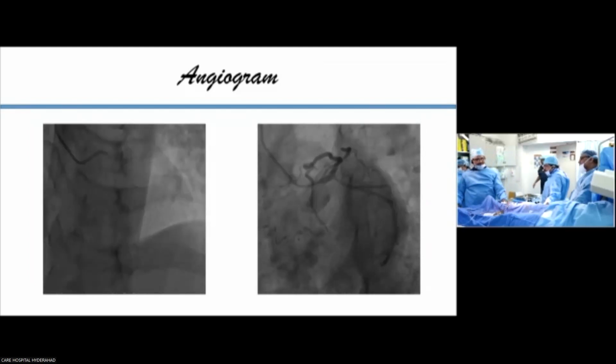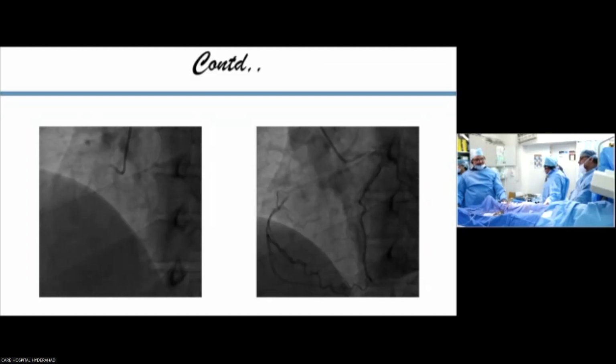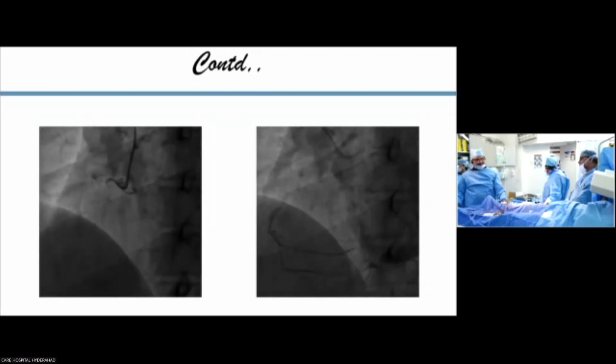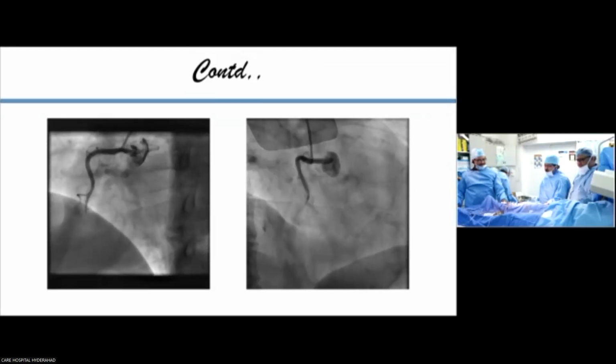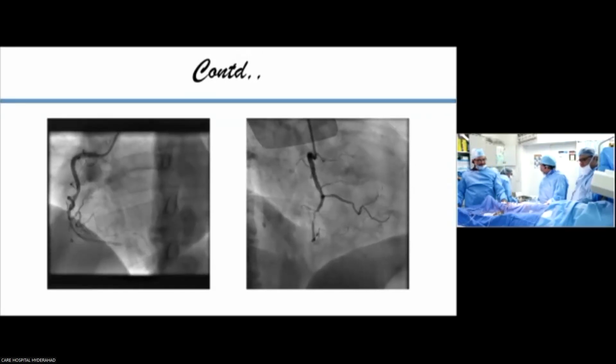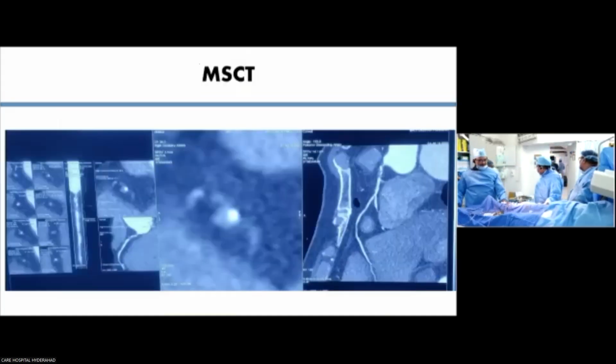And there is also an ostioproximal disease of the left circumflex. So with this in mind, with the CTO PCI, we did an MSCT. And the MSCT also showed a CTO segment with some calcification, specks of calcification in the proximal segment. So having this done, we have taken him up for an intervention today.